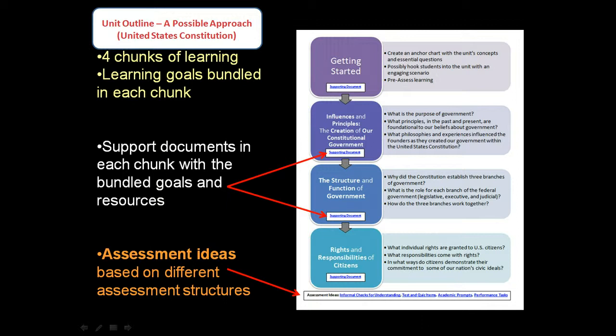Notice how this tool is like a cover page, and each bundle can be examined in greater depth with the linked supporting document. As a note, this is just one approach, and teachers are always open to use different approaches to address the Stage 1 learning goals for this unit. Last, teachers will notice links to various assessment documents that are meant to help teachers think about assessment throughout the course of the unit.